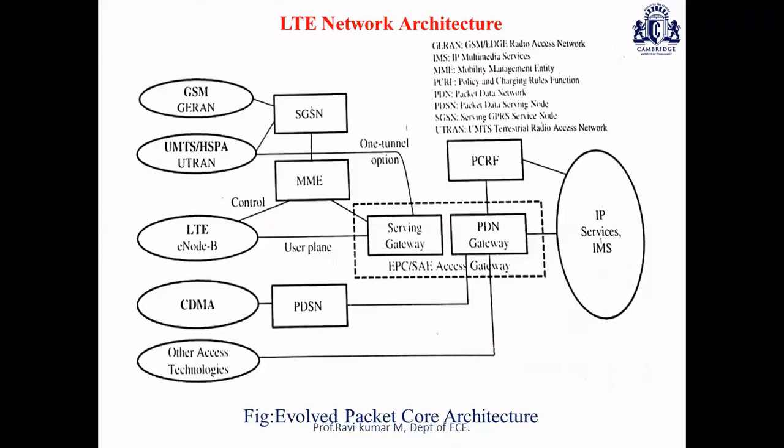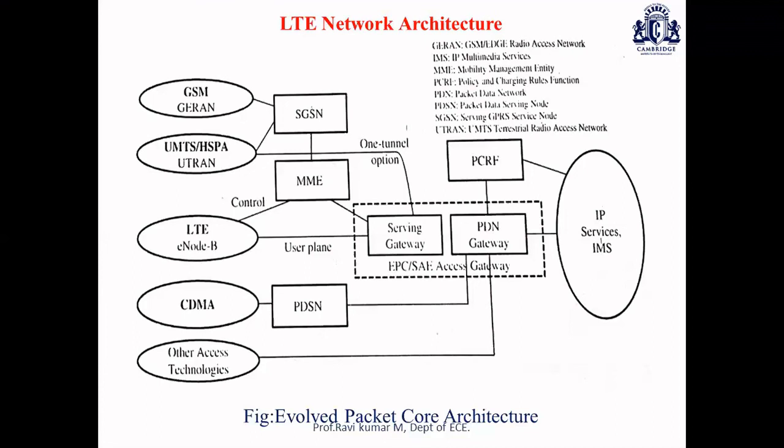So handovers need to be managed. The mobility management entity controls all control plane functions related to the subscriber as well as session management. It also provides security functions. It is also responsible for selecting the appropriate packet data network gateway. The MME manages nearly thousands of enhanced Node B elements.